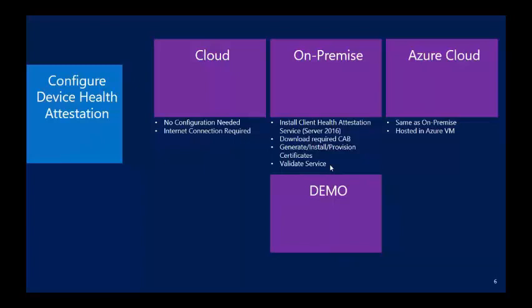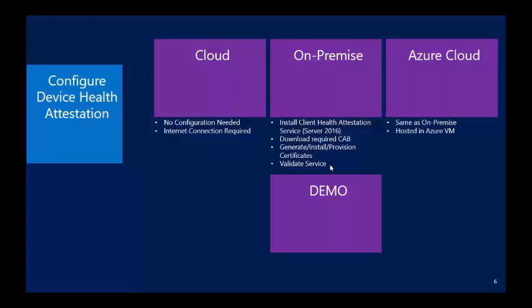So how do we go about configuring Device Health Attestation? Well, there's, again, the 3 scenarios. For the cloud, there is no configuration necessary. Just having an internet connection is all that you need. And there is one example of that we'll see in just a minute. On-premise, there is configuration required, so we need to install the Device Health Attestation service.